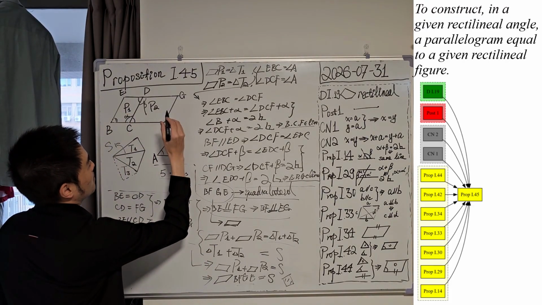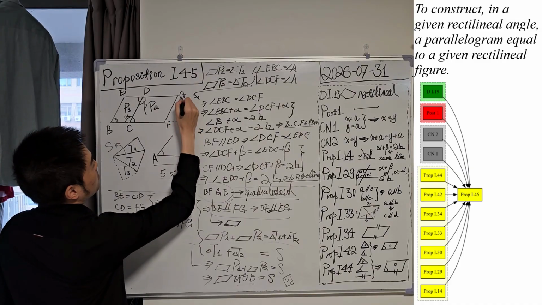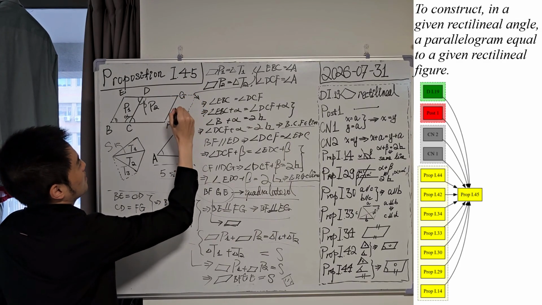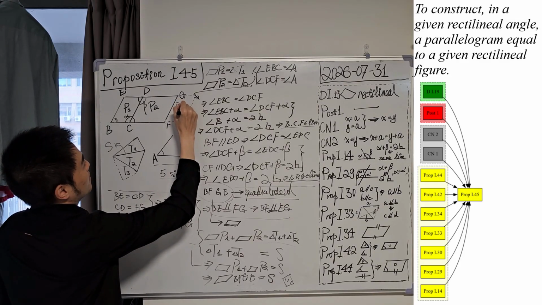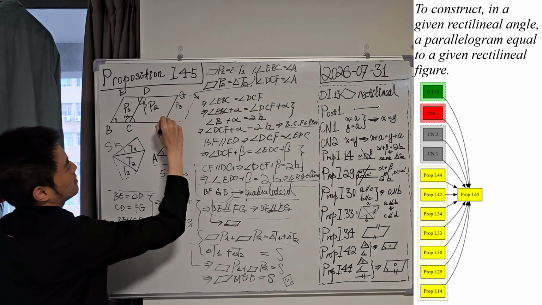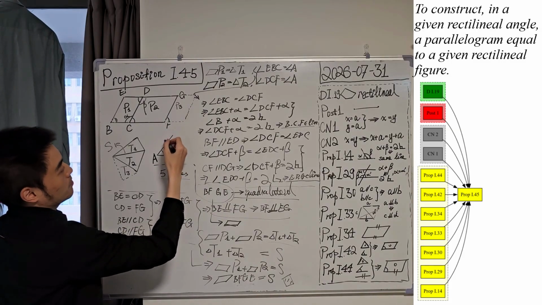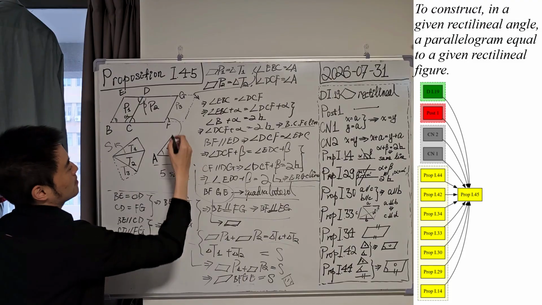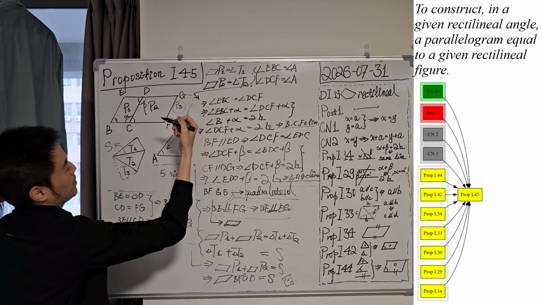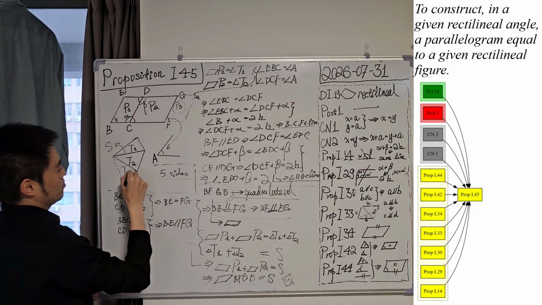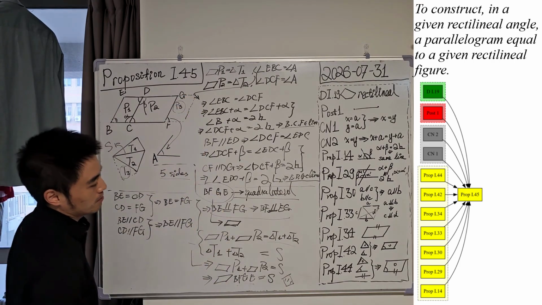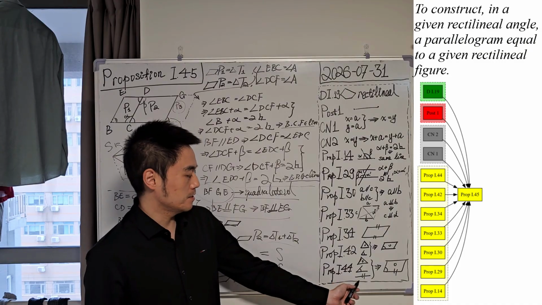For example, let's say it is P3. Okay, so that this angle is equal to angle A, and the area will be equal to T3, right? And FG is a given straight line as in proposition 44.